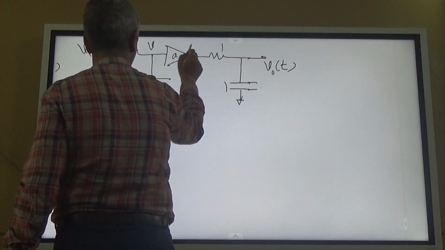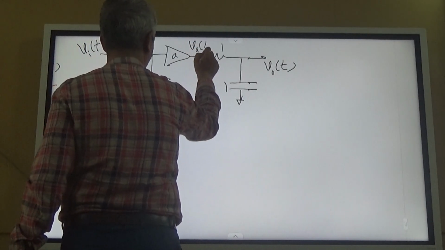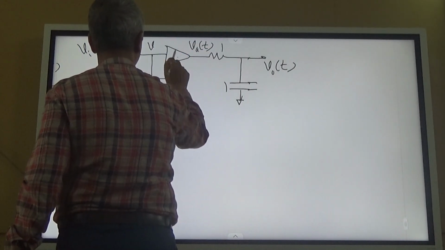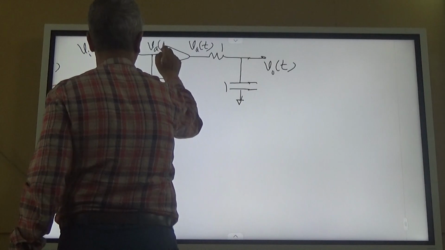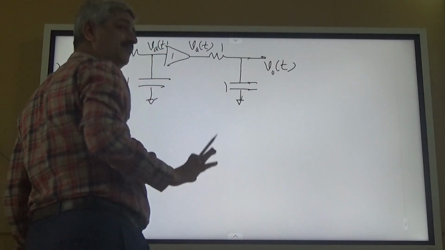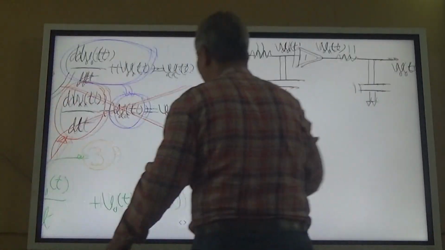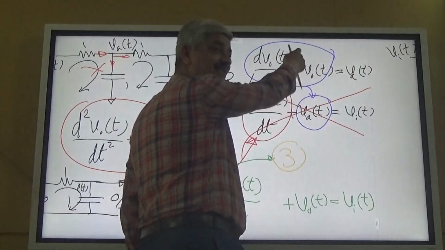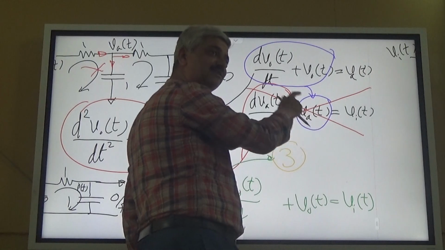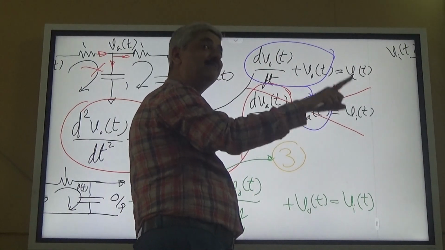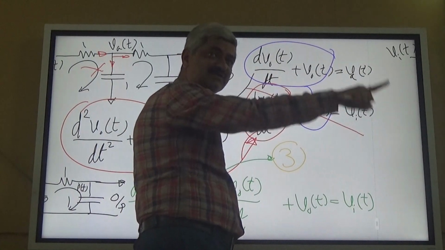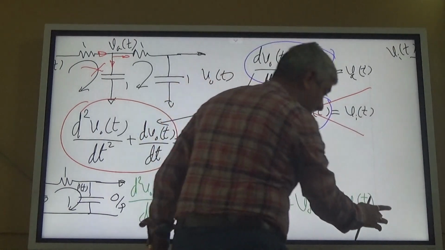Now you can assume this as Vat, and since this is 1 also, and for this now both are valid, and therefore the answer is d2Vout upon dt square plus 2 dVout by dt plus Vout equal to Vat. Why are both valid?